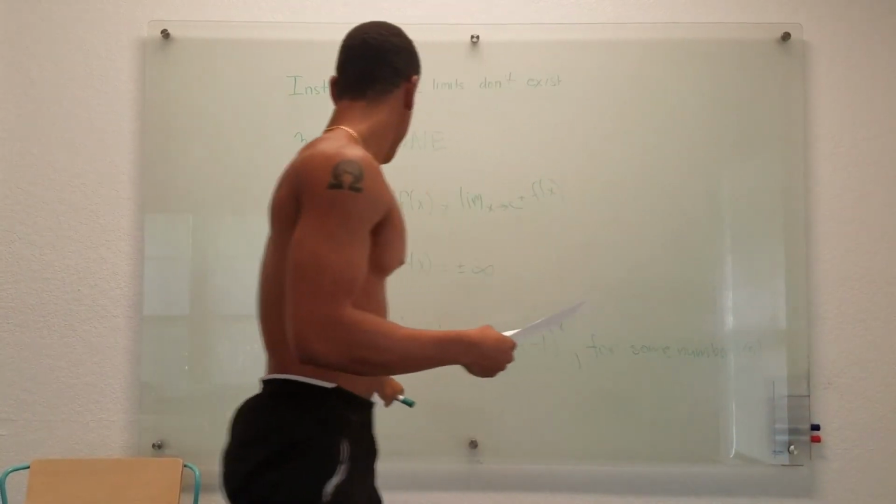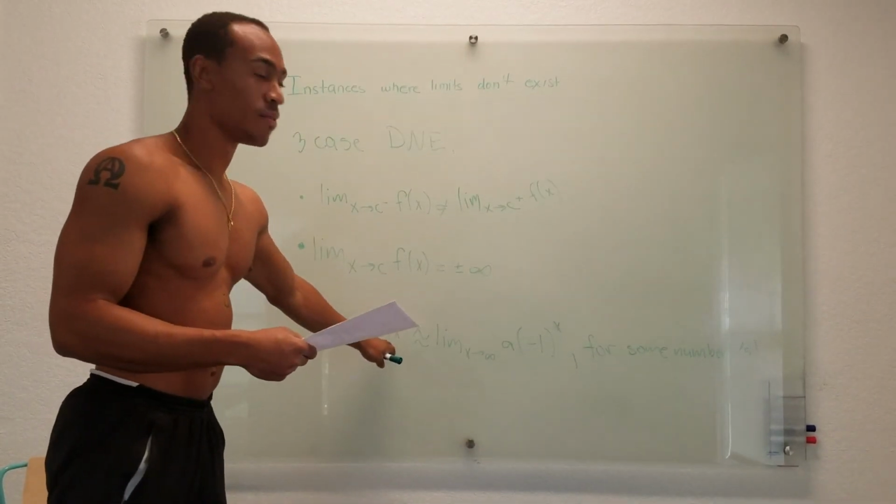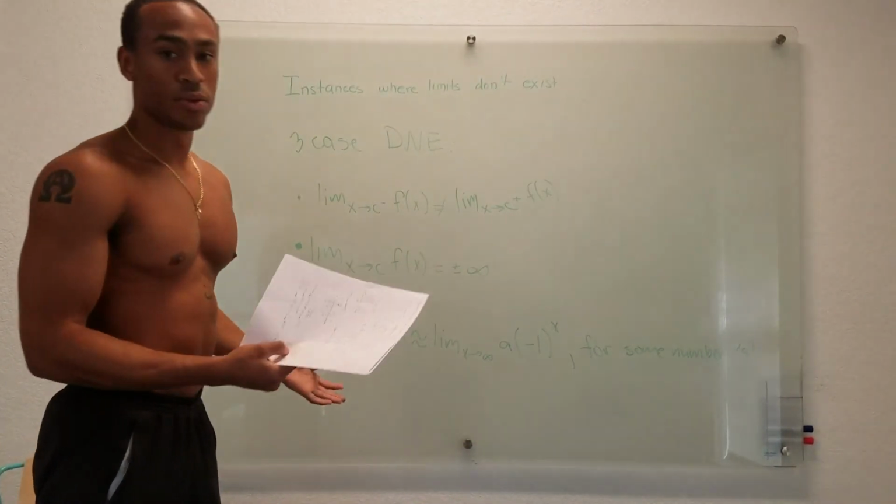In other words, if your function oscillates between two different numbers, your limit doesn't exist.